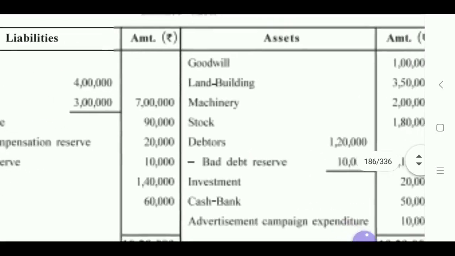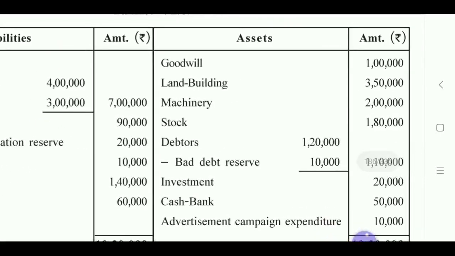Now the asset side. First of all, we have goodwill. This is the old value of goodwill mentioned in the old balance sheet. This amount is to be written off among old partners in their old profit loss sharing ratio.